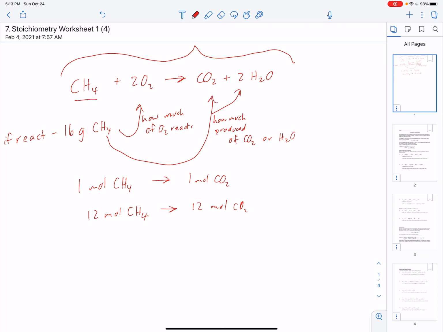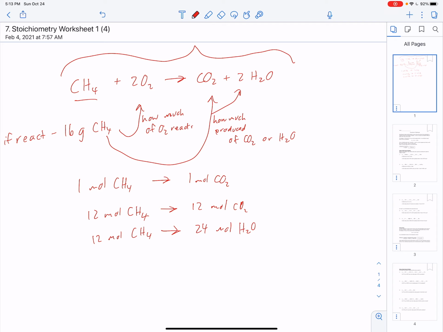We can also see that we make twice as many moles of H2O as we use of CH4. So if there were 12 moles of CH4, that would be 24 moles of H2O, right? So we call this molar ratios, and you can write various molar ratios here.